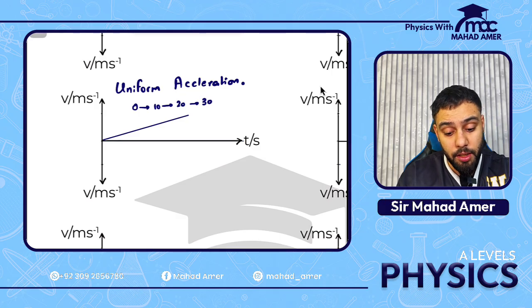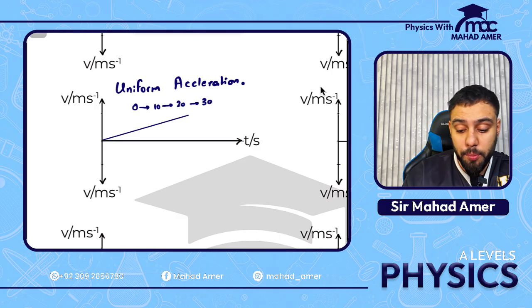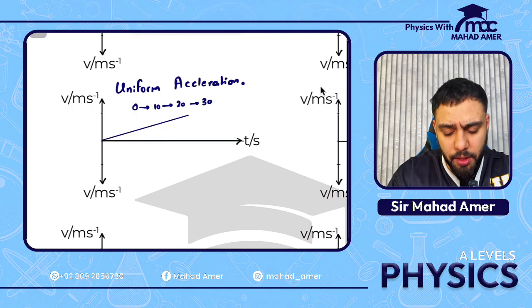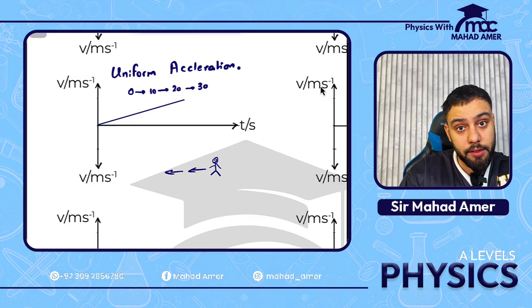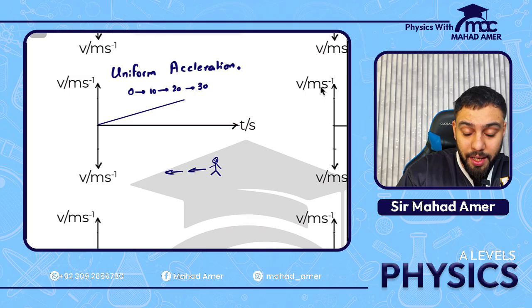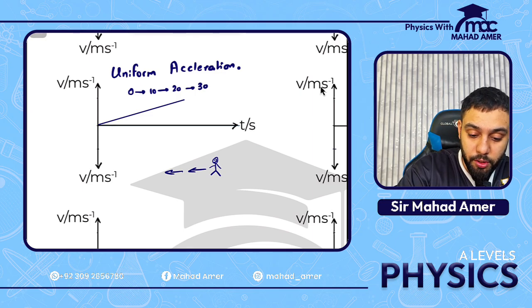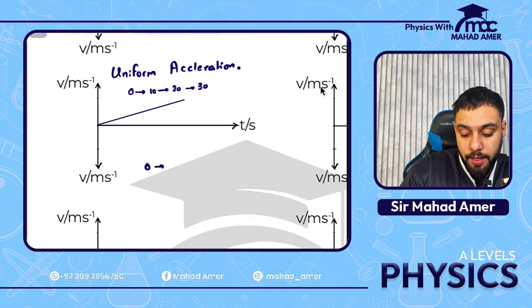That's acceleration. But what if the object is moving to the left, doing exactly the same thing? The object would be gaining velocity, but in the negative direction. The velocity's increase is going to be from 0 to negative 10, negative 20, negative 30.